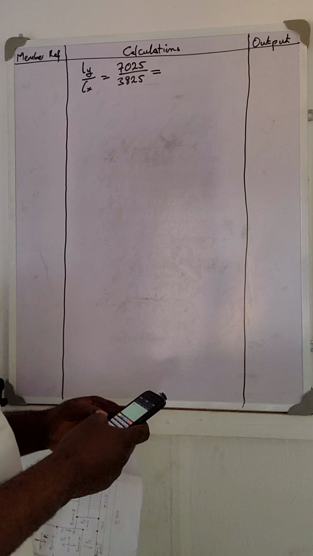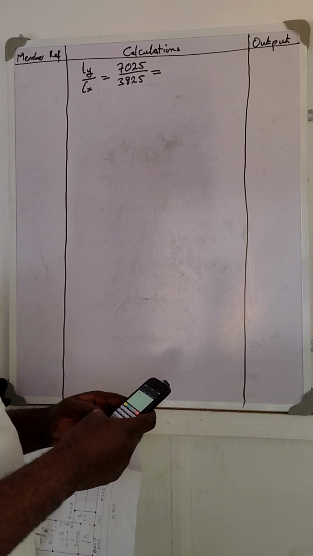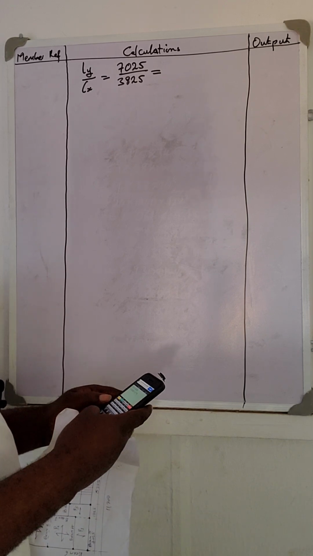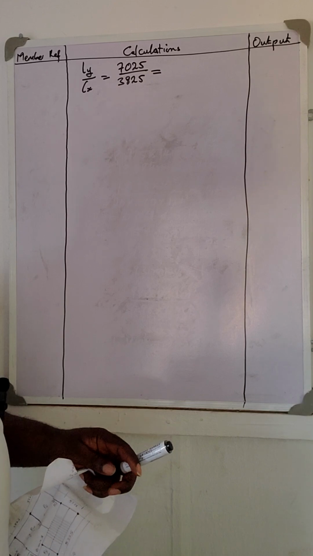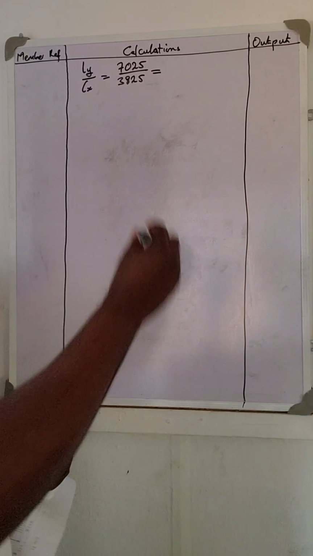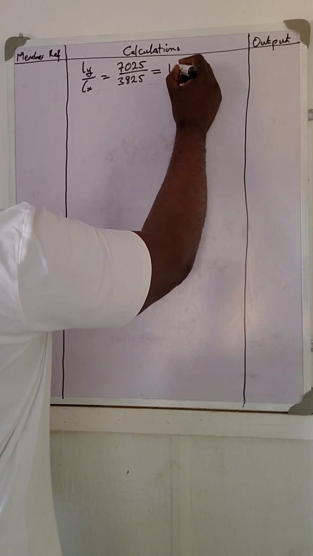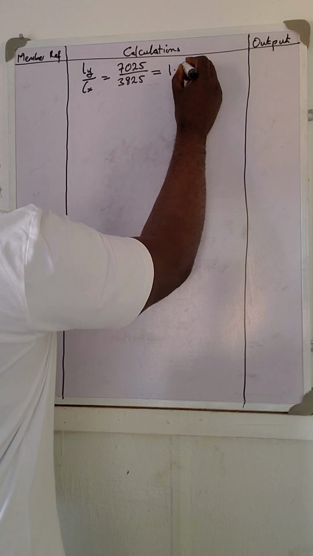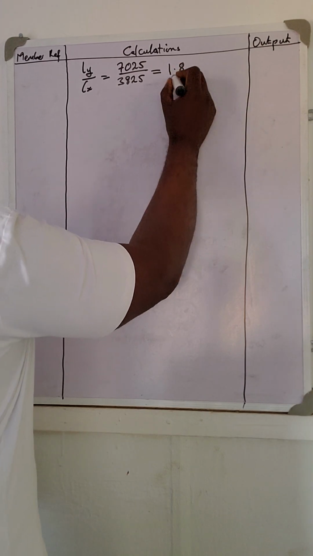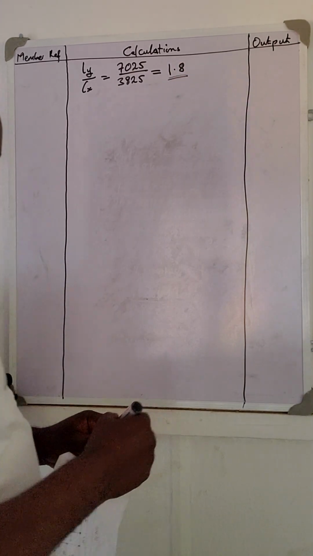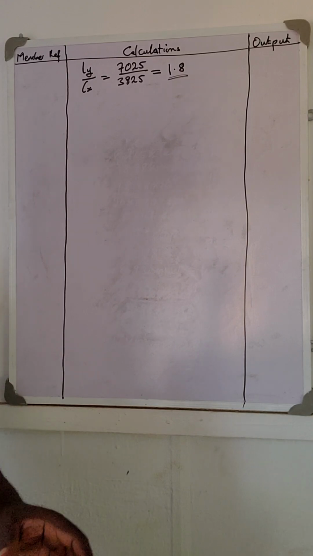We are going to have 1.84, so 1.8 approximately. Now, if you go to the BS code, right?